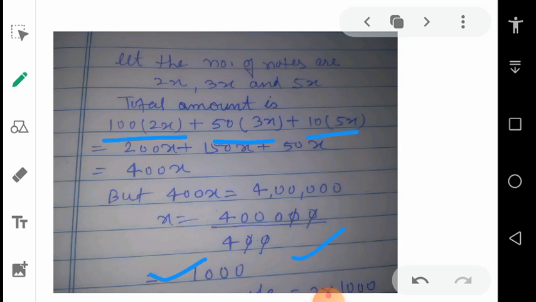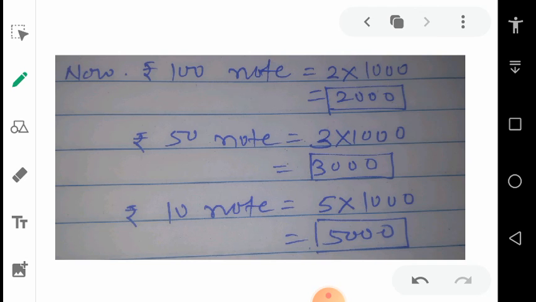So the value of x is 1000, yet we have not found the answer. Only x is found. Now we can count the number of notes. How many rupees 100 notes?